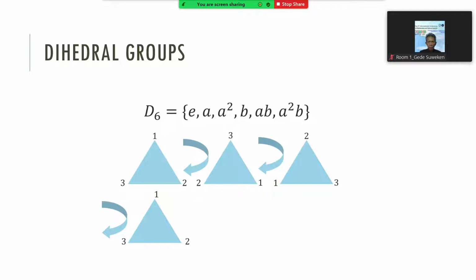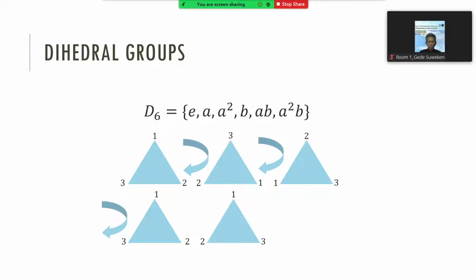The next symmetry is the reflection through corner 1. We can see that the reflection by that line switches number 2 into number 3 and number 3 into number 2, but number 1 is still there.